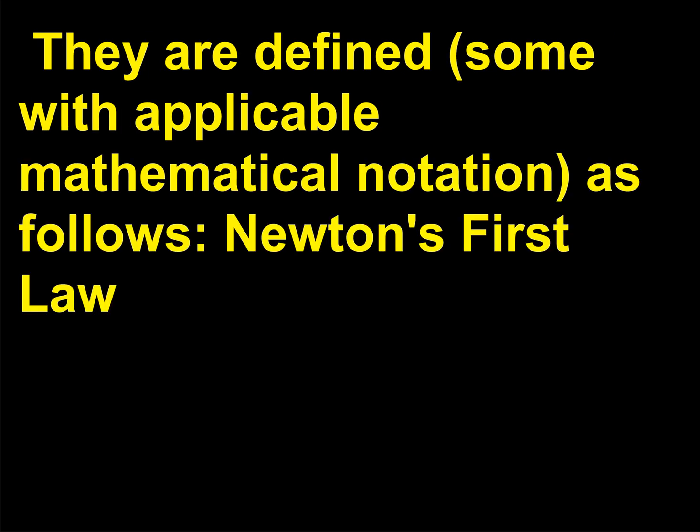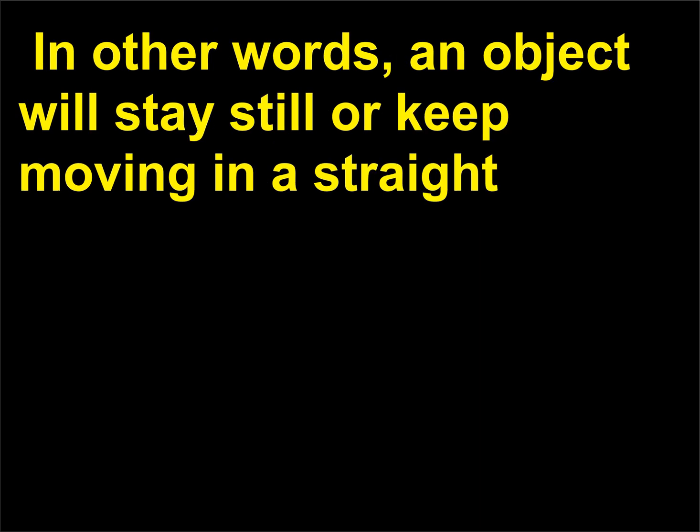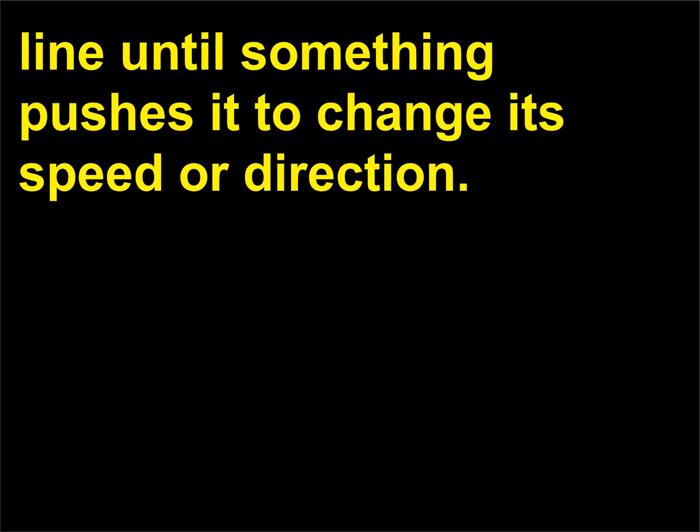They are defined, some with applicable mathematical notation, as follows: Newton's first law, the law of inertia, states that without any forces acting on an object, it will maintain a constant velocity. In other words, an object will stay still or keep moving in a straight line until something pushes it to change its speed or direction.